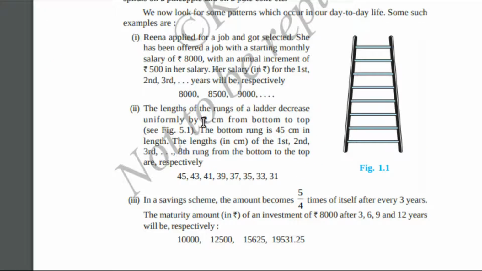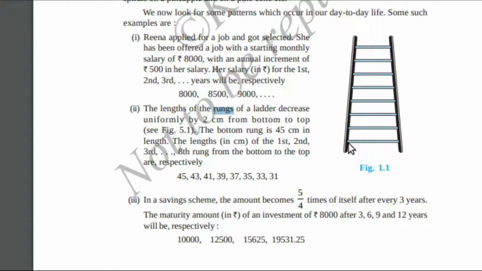And the second example from our day-to-day life is that the length of the rungs of a ladder decreases uniformly by 2 cm from bottom to top. The meaning of rung is a horizontal bar that is attached to a ladder. Now the bottom rung is 45 cm.